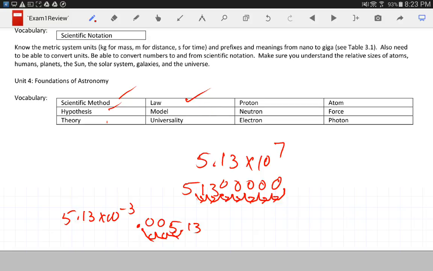A model. Who can give me an example of a model? Yeah, a scientific model, not, for instance, Paulina Porizkova. Okay, the celestial sphere is a model.